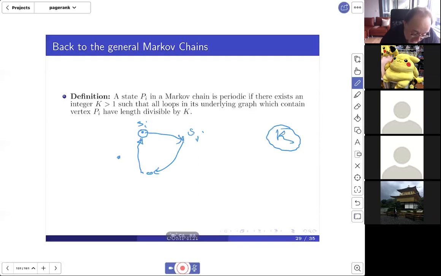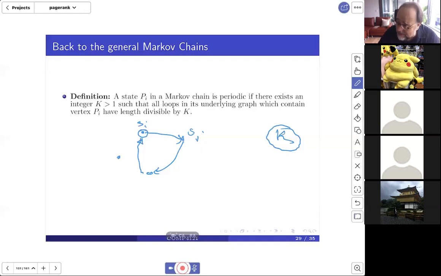And a graph is aperiodic, and the Markov chain is aperiodic, if there are no periodic states, right? So for no state is it true that every loop containing this state has length divisible by a fixed number k. And lo and behold, tell me, why is our Google PageRank graph aperiodic?